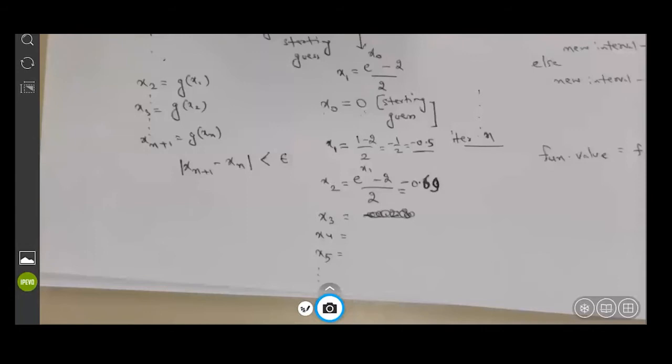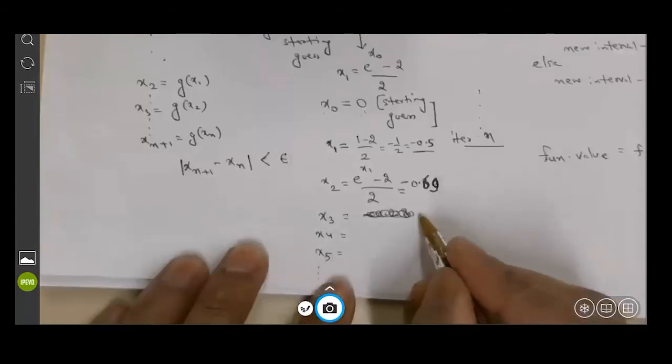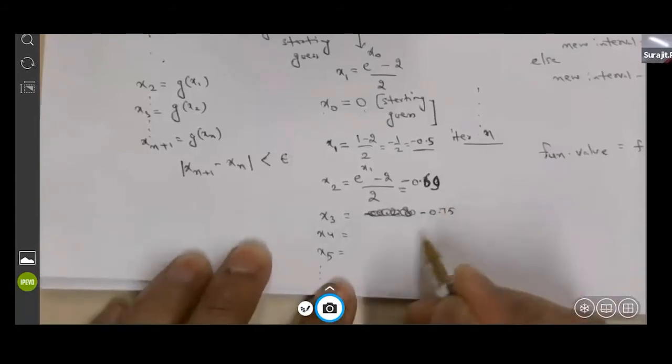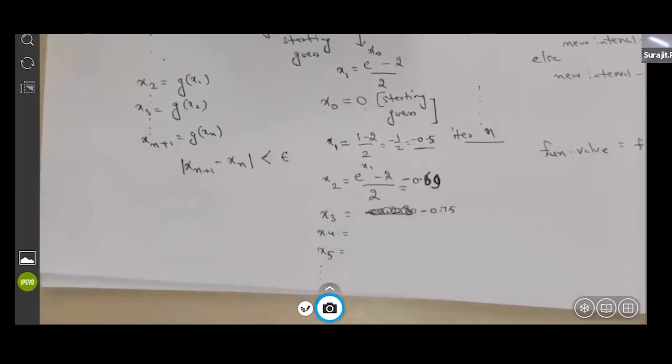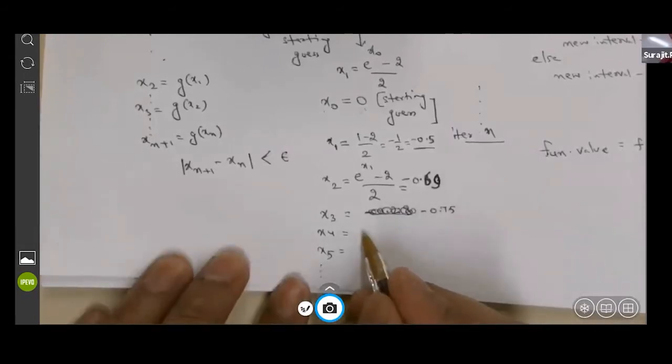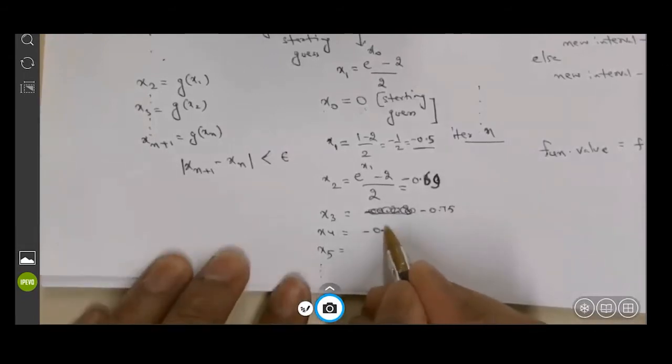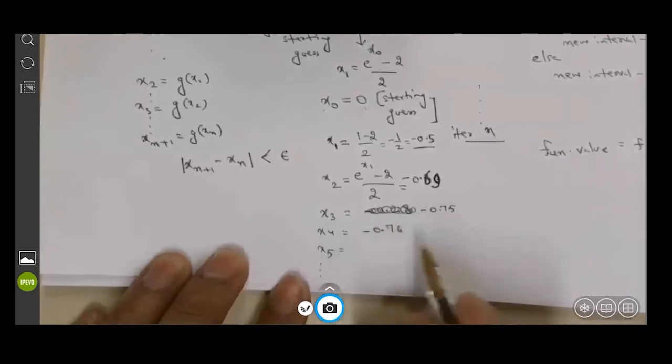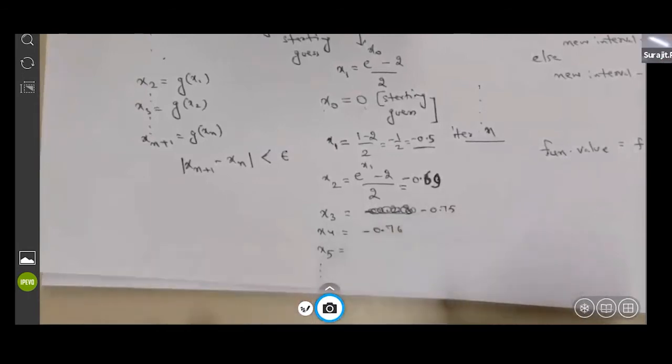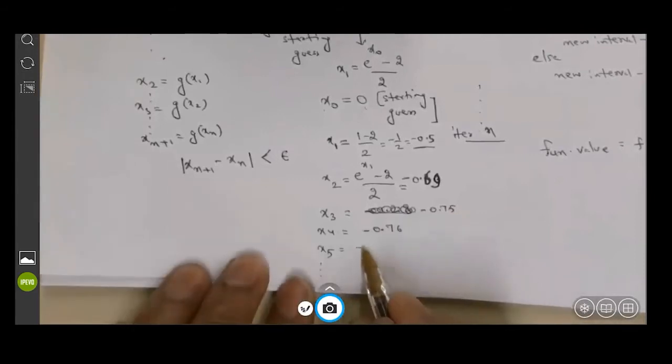Negative 0.75. What will be x4? Negative 0.764. How much did you say? Negative 0.76. Okay. And x5, the last one? Negative 0.767.